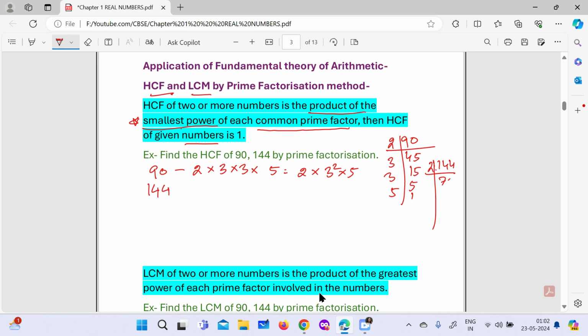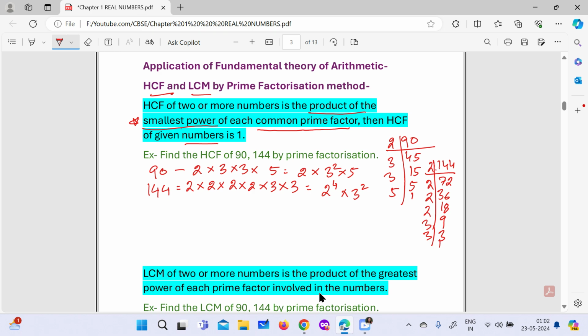144 will give you 2 times 2 times 2 times 2 times 3 times 3. So we can write it as 2 to the power of 4 times 3 squared.